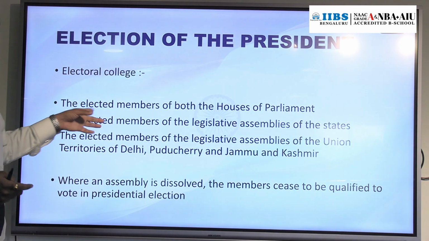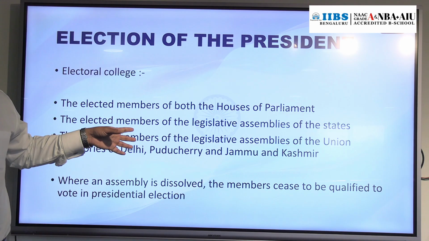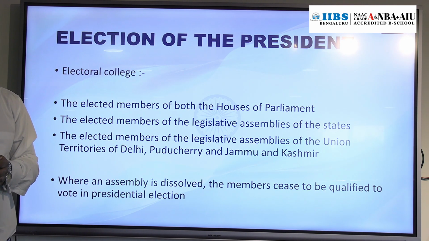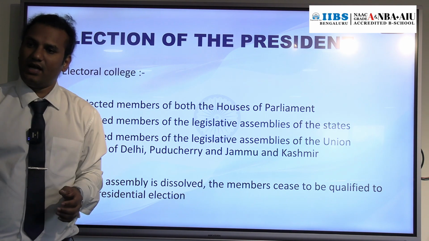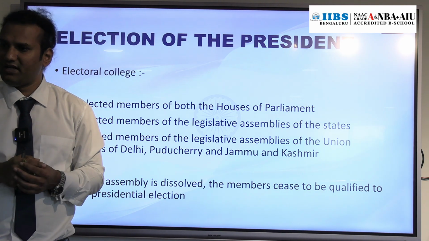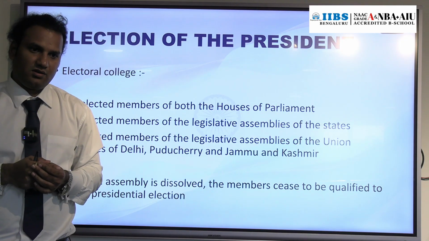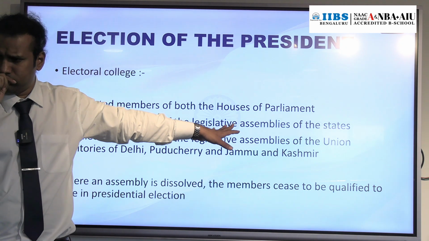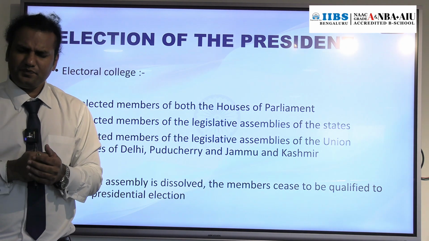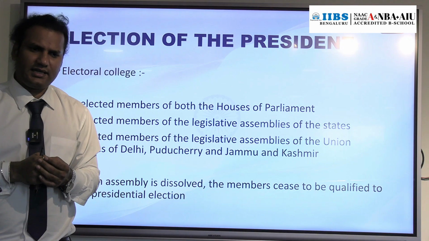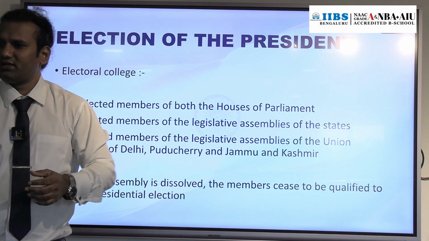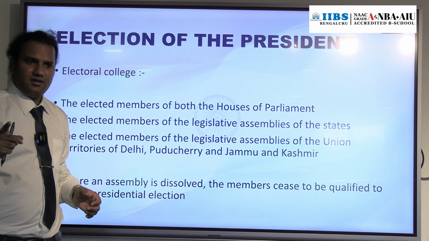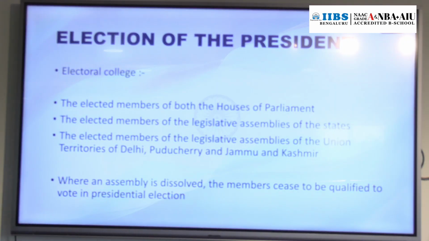Whenever the assembly is dissolved during the time of the election of the President of India, those MLAs are not eligible to vote in the election of the President of India. Very important point. So if there is any dissolution of the assembly, at that time MLAs are not eligible to vote. Understood, everyone? Okay, so this is about the eligibility.